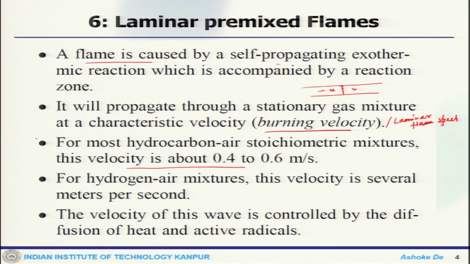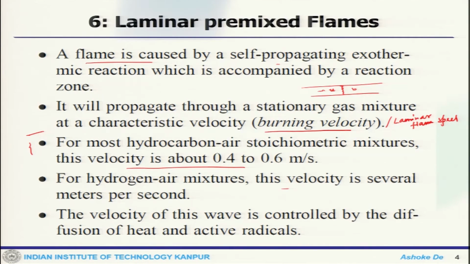Now, when you talk about hydrogen air mixture compared to a hydrocarbon fuel, this burning velocity is quite higher, and that happens because once we do the detailed analysis of this burning velocity, we will see that it depends on the molecular weight, along with the mass diffusivity, and hydrogen has much higher mass diffusivity.